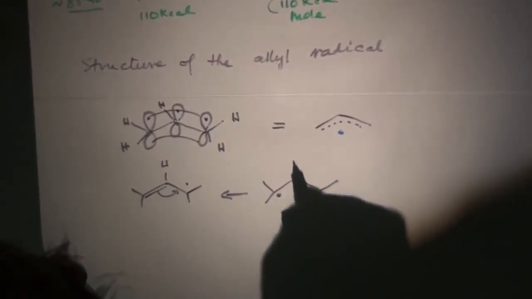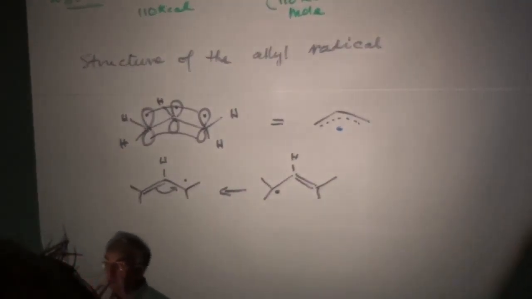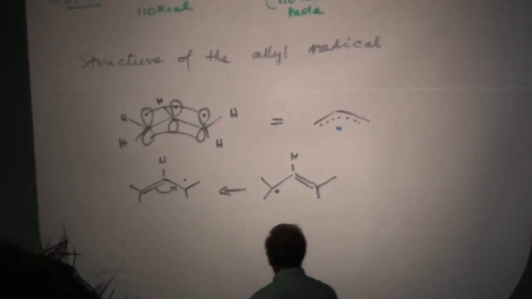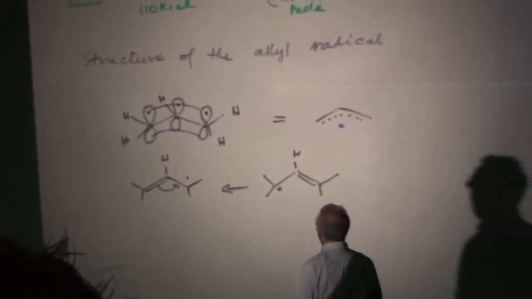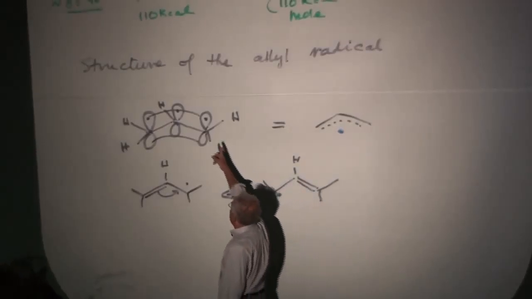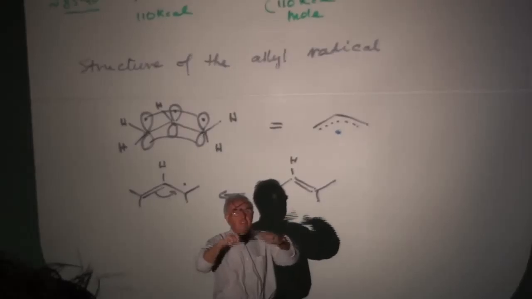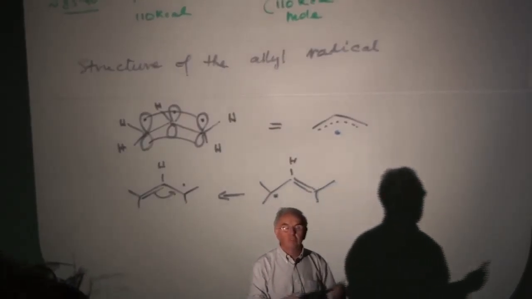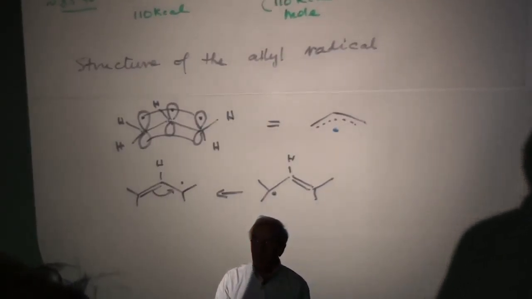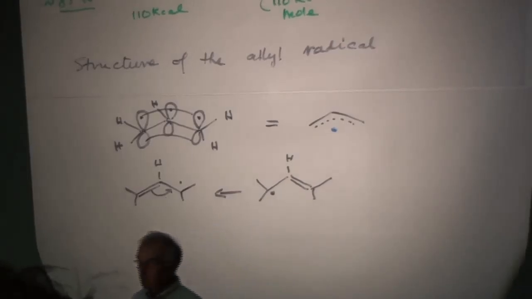So it's really the same kind of picture as we had with the allyl cation, except instead of having 2 electrons in here and a positive charge, we have now 3 electrons, and the species is neutral. There's no charge associated with this whatsoever.